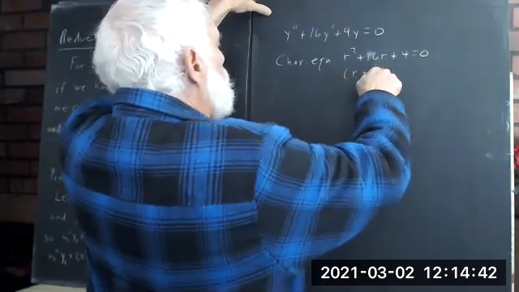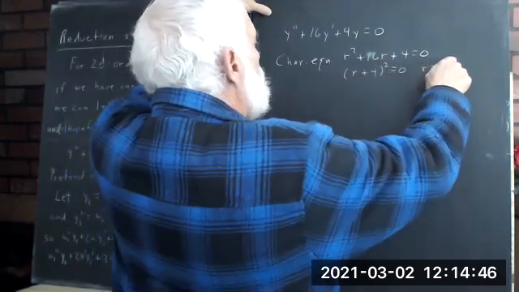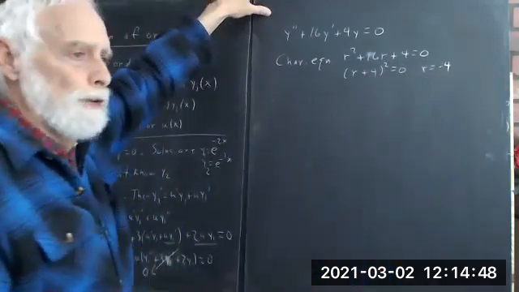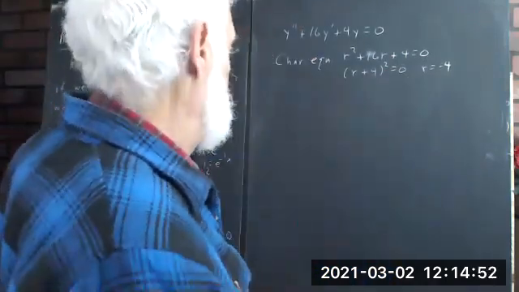That's r plus 4 squared equals 0. r equals -4. That's only one solution because you have a repeated root here.